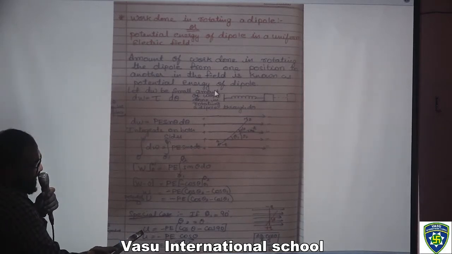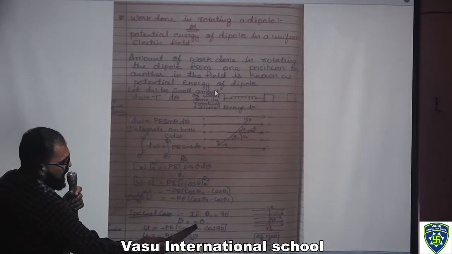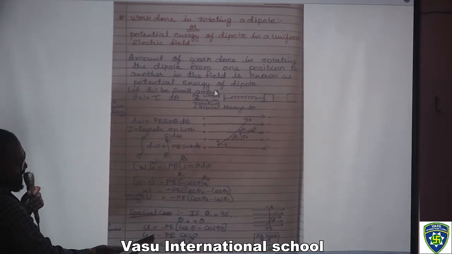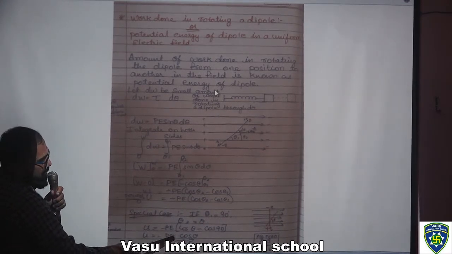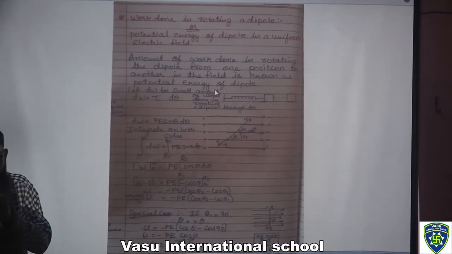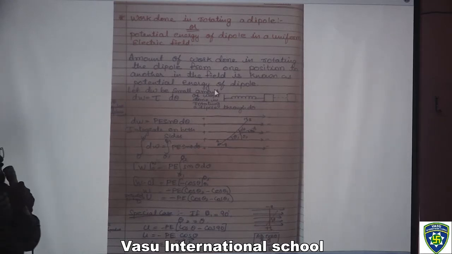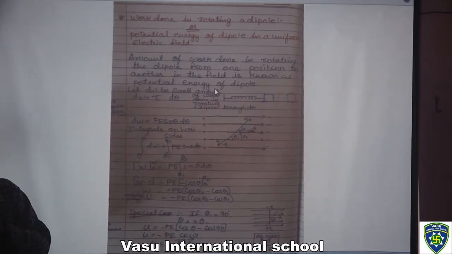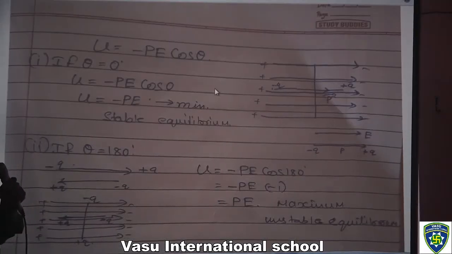Potential energy is equal to minus P E (cos theta minus cos 90). Cos 90 is equal to 0. So potential energy is equal to minus P E cos theta.